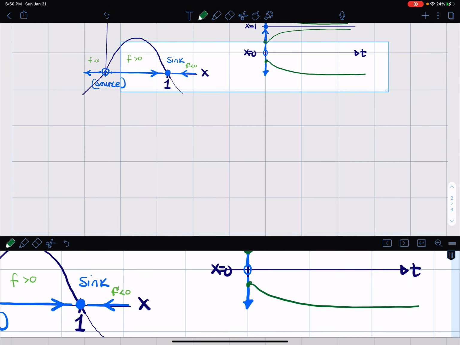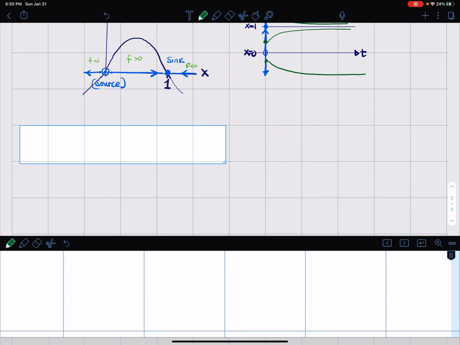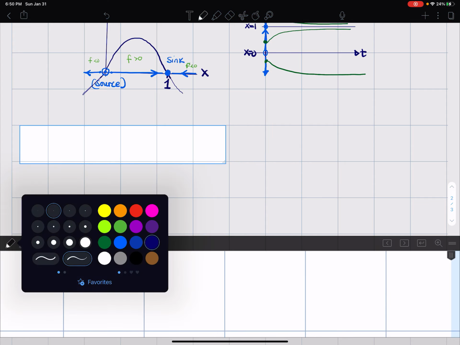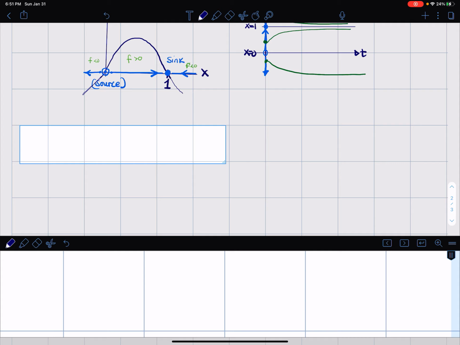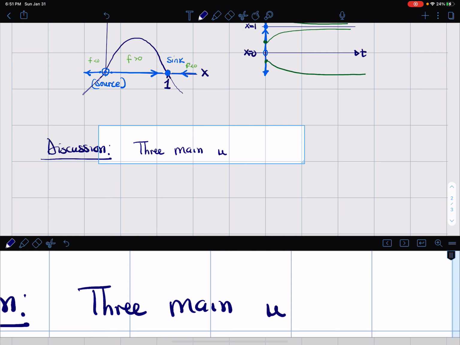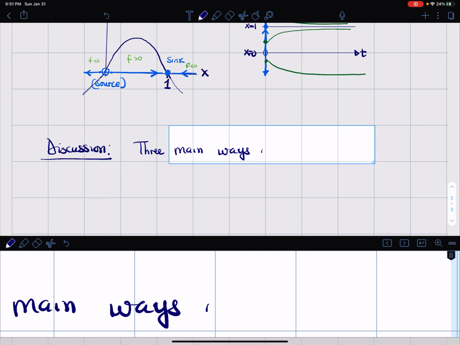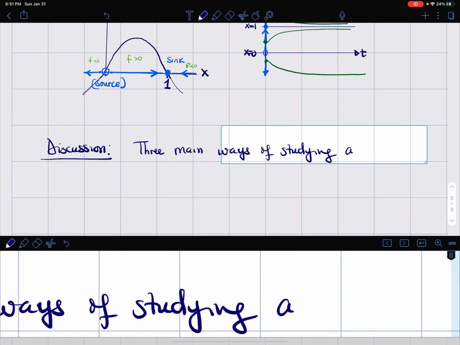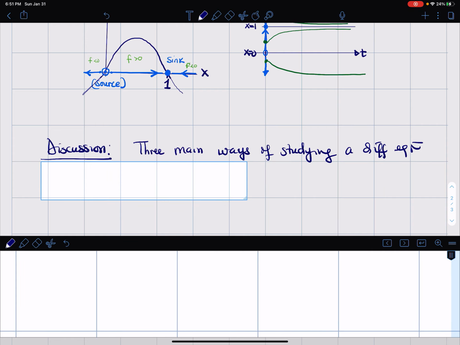Some remarks. Some discussion I want us to look at. There are three main ways of studying a differential equation, which we're using for dynamical systems here.